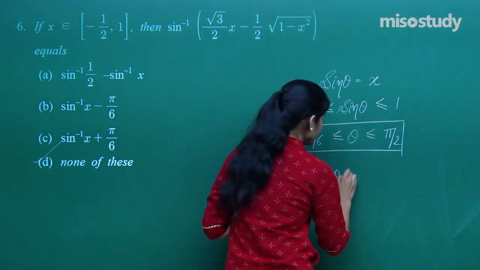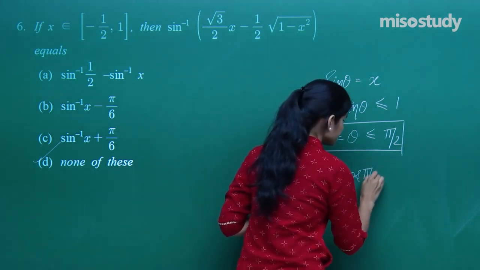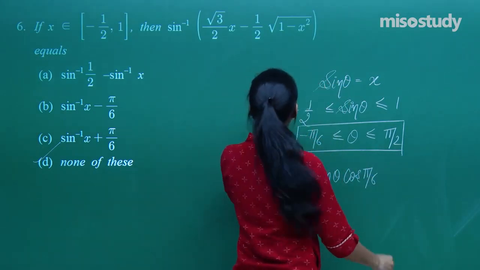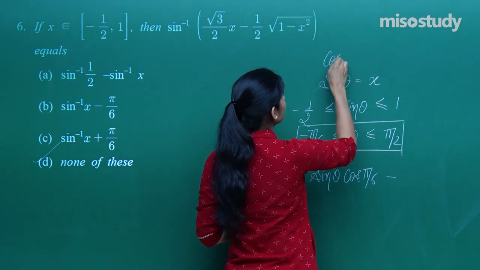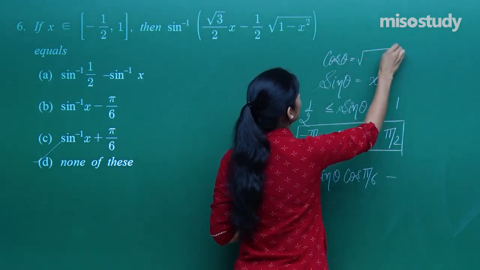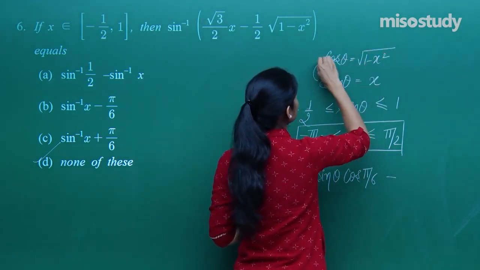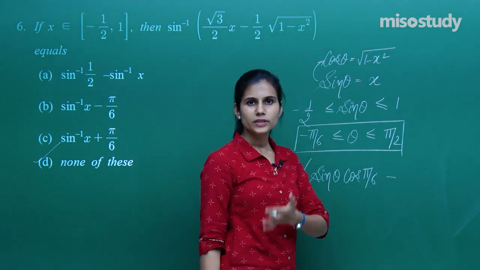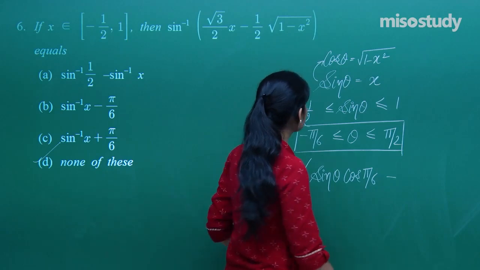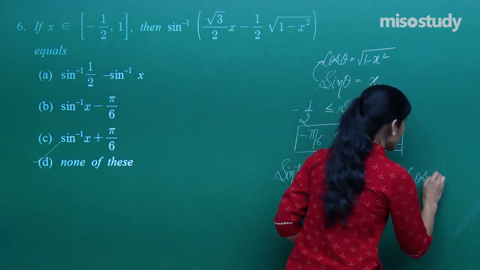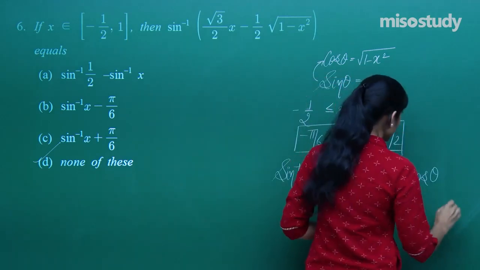Root 3 by 2 can be written as cos pi by 6, right? Then you have minus. If sine theta is x, we know that in trigonometry cos theta is under root 1 minus x square, because sine square theta plus cos square theta is 1. So over here under root 1 minus x square is cos theta, and 1 by 2 is what?